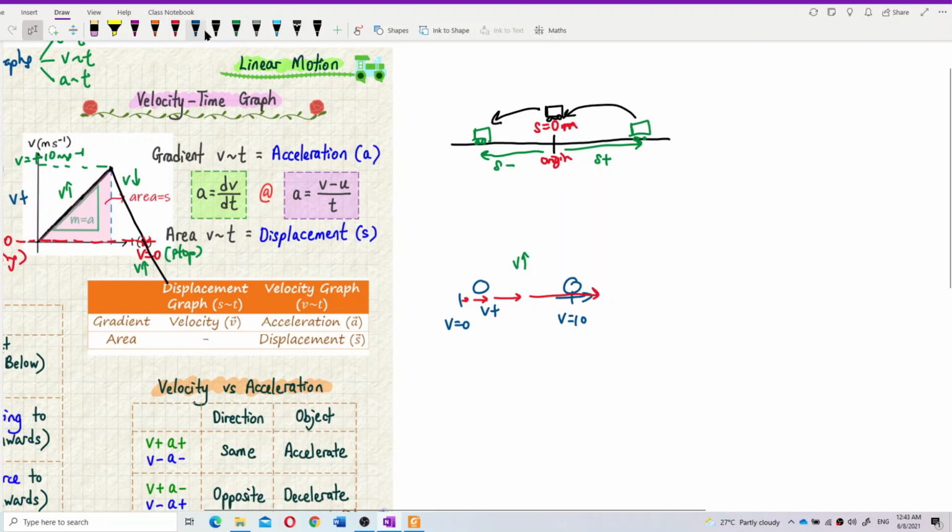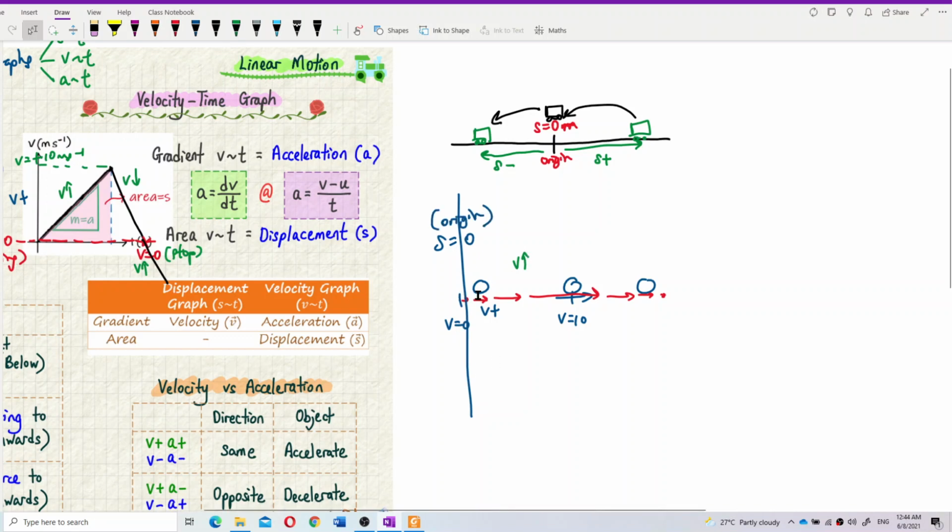It slows down. That means now the car becomes slower and slower, until it finally stops. Maybe over here, this is the origin.